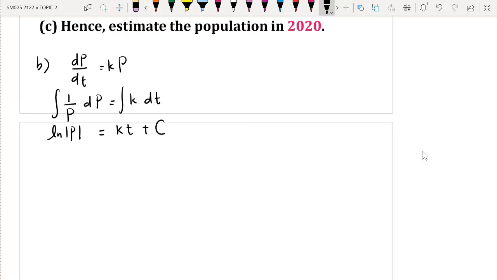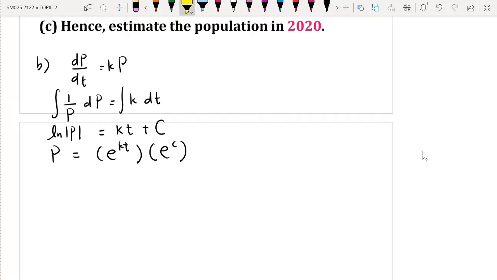Now we simplify this equation, as we want to make P the main subject on the left side. To eliminate ln, we exponentiate both sides. That's how we get P equals e to the power of kt, multiplied by e to the power of c. Why did I separate this out?